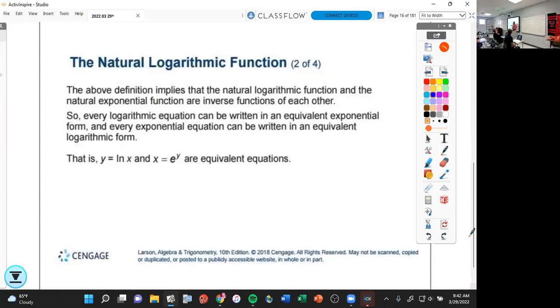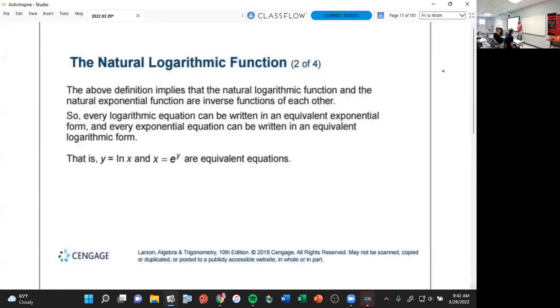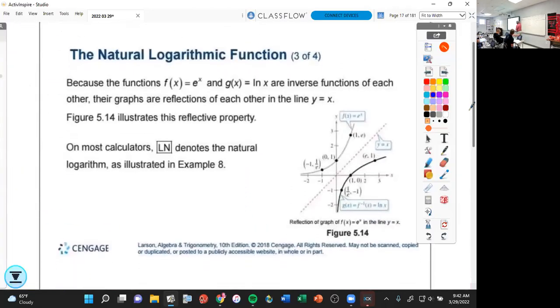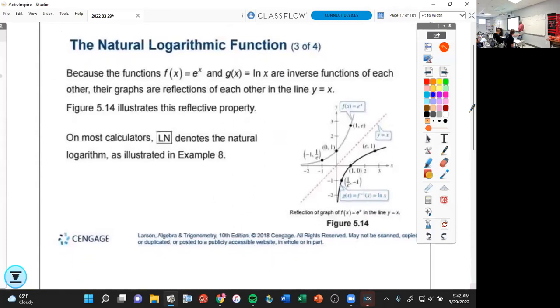E. What's the power? Y. So e to the y is x. Here's the graphs of them. They are inverses. They do reflect across the line y equals x. The ln button is natural log.